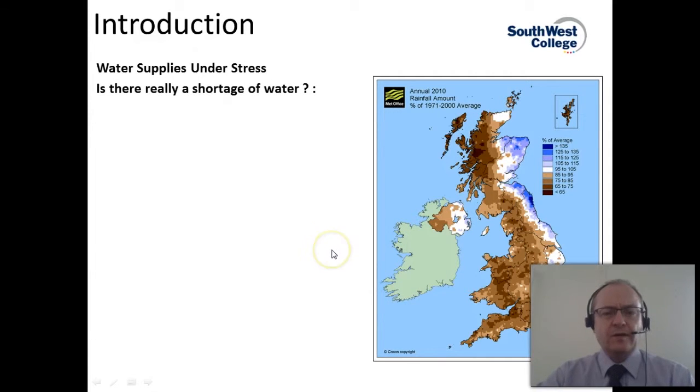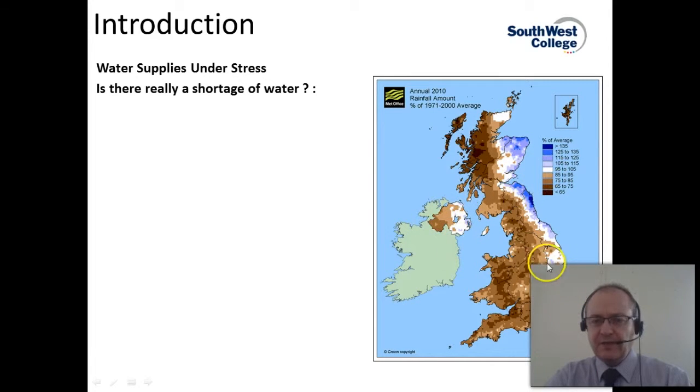So water supplies in the UK are currently what are classified as under stress. Now, if you ask yourself, is there really a shortage of water within the UK? If you look at the annual rainfall amount for 2010, this graph gives you the percentage of the average. When it was at its average rainfall for the time of year, it's coloured white.